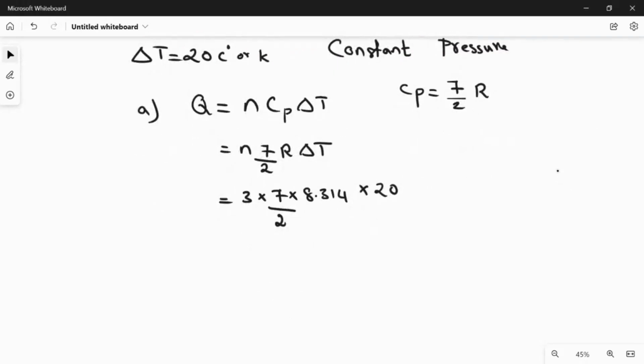I got the answer for the heat: Q is equal to 1.745 times 10 to the power 3 joules.